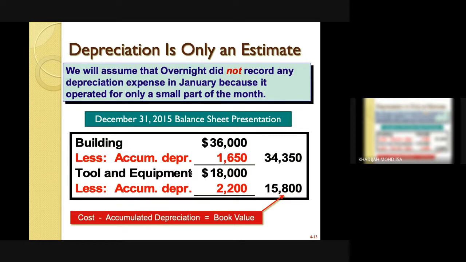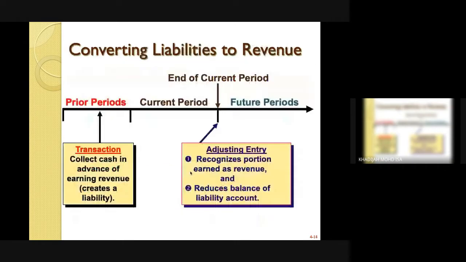Similarly, for tools and equipment, you have 18,000, but you less your accumulated depreciation for tools and equipment of 2,200, then you have 15,800. That is what we call cost minus accumulated depreciation equals the book value of the asset. All right, so that is on depreciation.